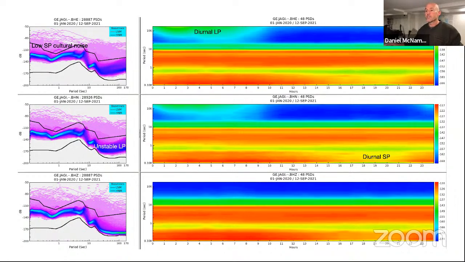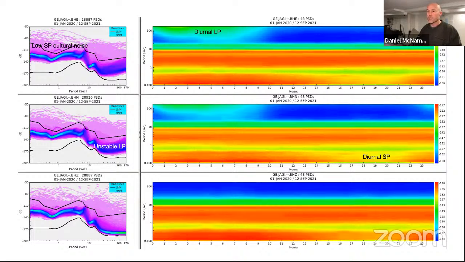And again, you can see on the horizontals, the higher level PSDs are probably related to that magnitude 6 that I pointed out in the previous slide. Again, at this station, you're seeing very strong diurnal signal in the long periods, and just a little bit at the short periods, not so much.